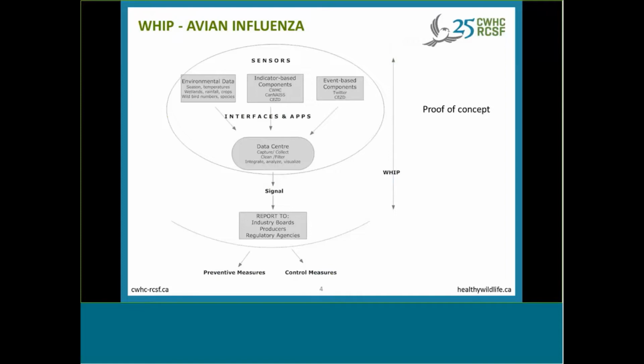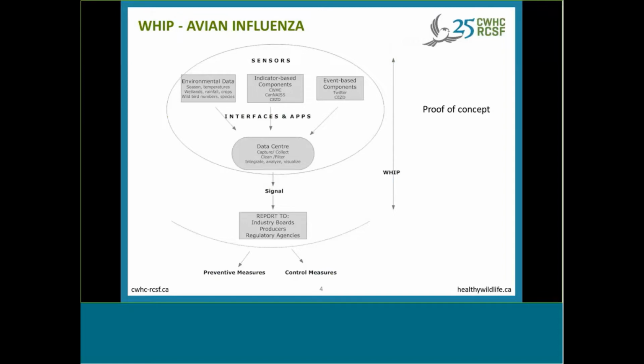This is a schematic of the WIP. Health intelligence, or health information systems, combine information from a number of sources, and they use the term sensors. The data sources are at the top. On the left, the environmental data: environmental conditions that provide suitable habitat for waterfowl, and that are also known to increase avian influenza survival in the environment.